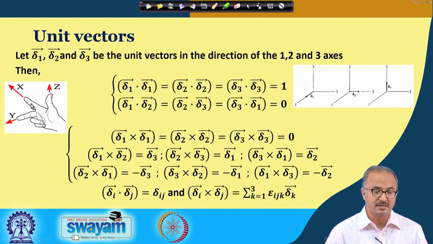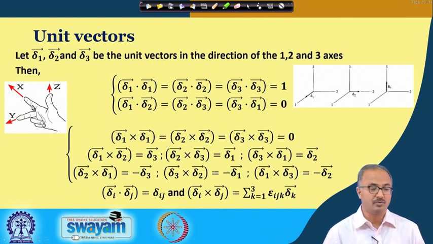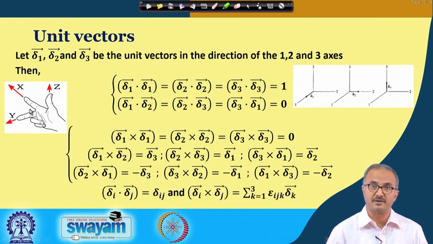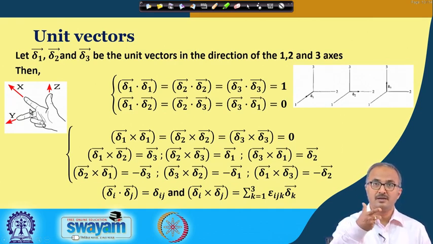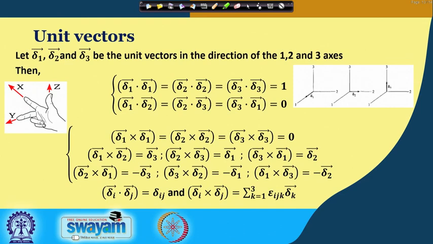Here we take the right hand thumb rule. If we extend our fingers like this, say this is the z direction, this is the x direction and this is the y direction. If we go from x to y, then we will get z. If you go y to z, it will give us x.